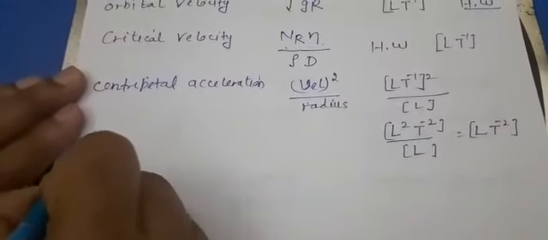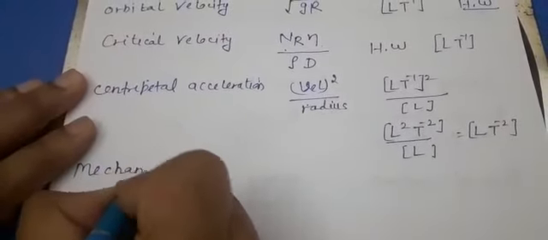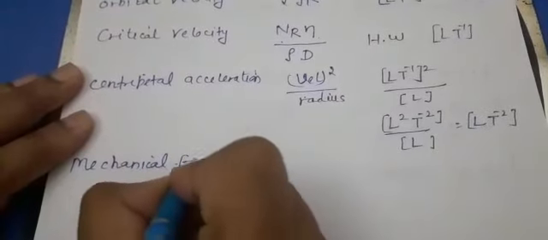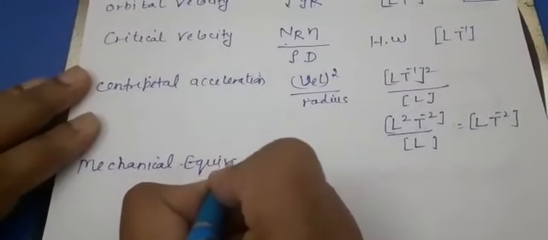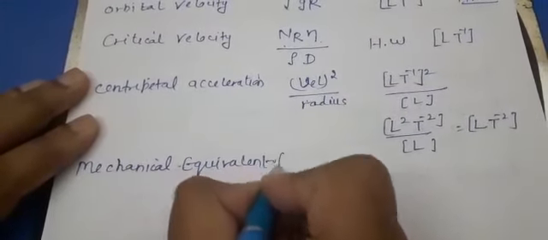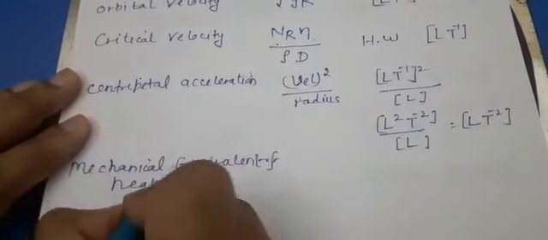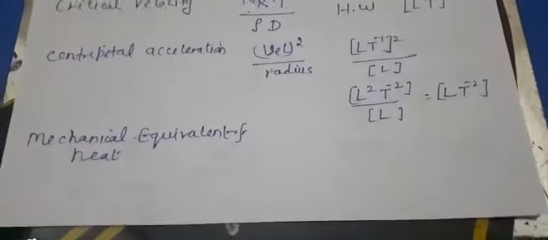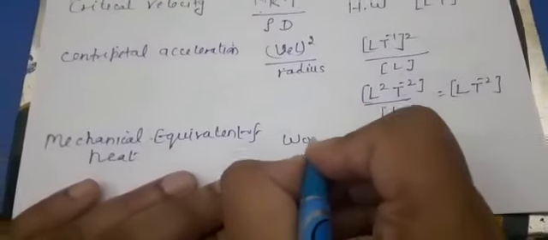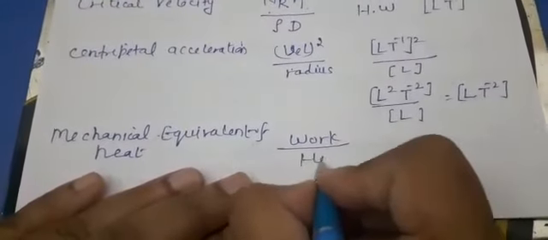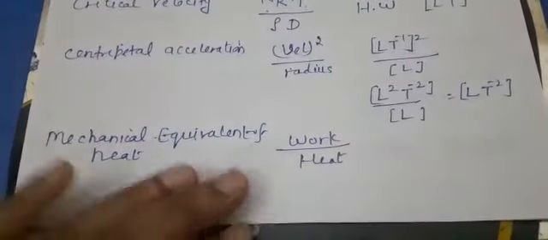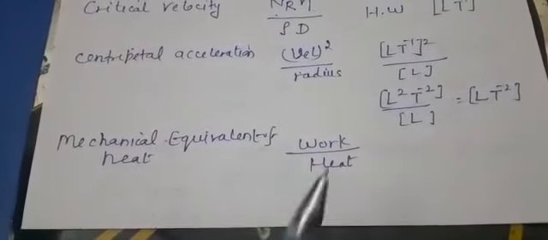Now, mechanical equivalent of heat. This has the formula work per unit heat. Work and heat: heat is a form of energy.